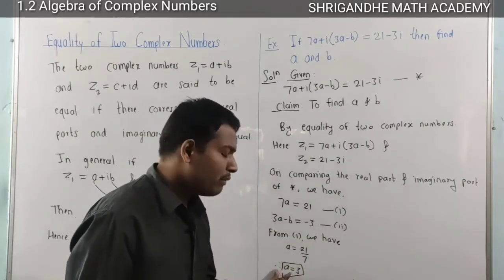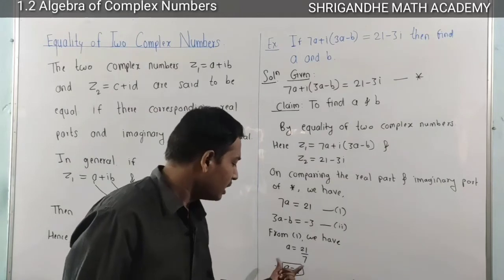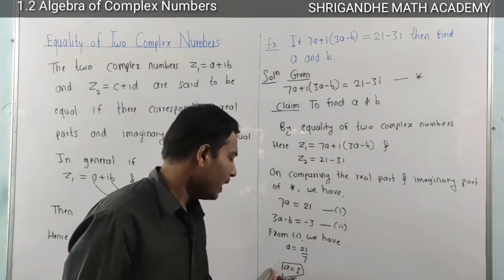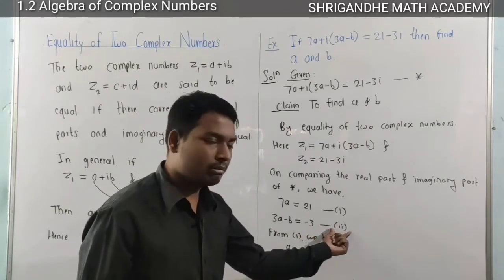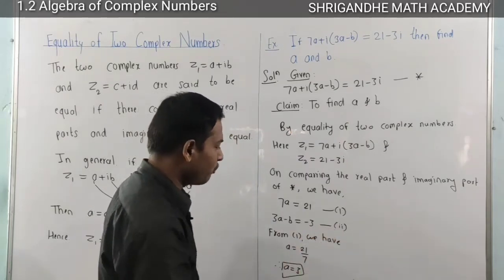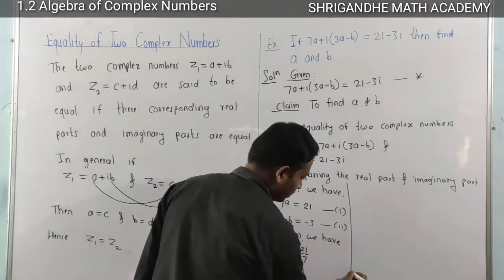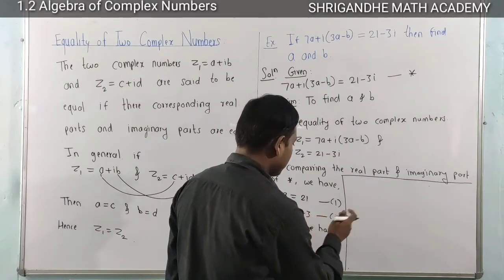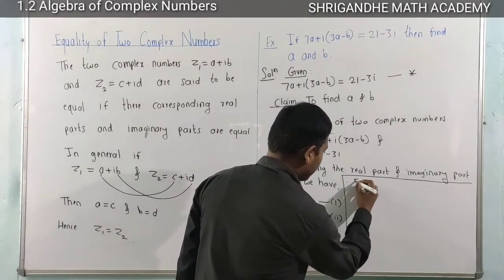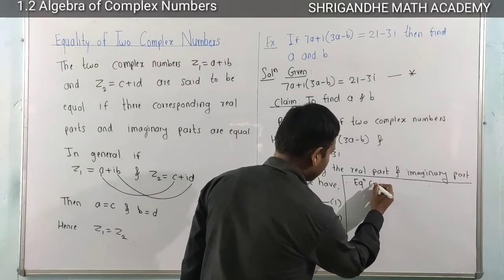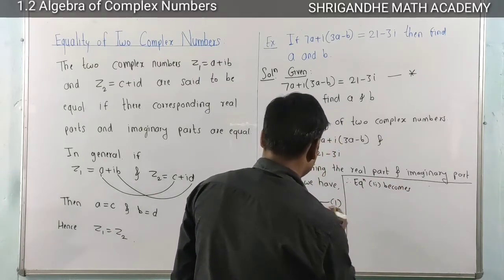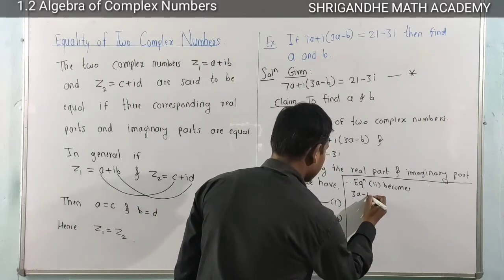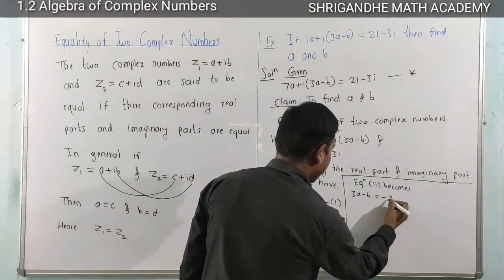Now see, here we get the value of a is equal to 3. Therefore we use this value of a equal to 3 to find the value of b in equation number 2. Let's see how to find the value of b. Equation 2 becomes 3a minus b is equal to minus 3.